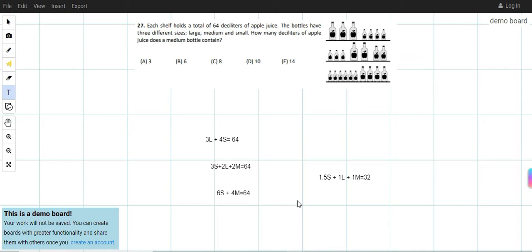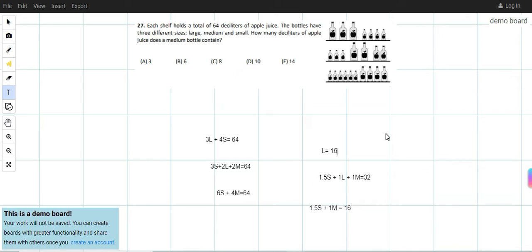And that helps us out majorly, because then we find out L. You see, 1.5S plus 1M equals 16. That means L would be equal to 16 itself. And that really helps us in this problem. L is equal to 16.